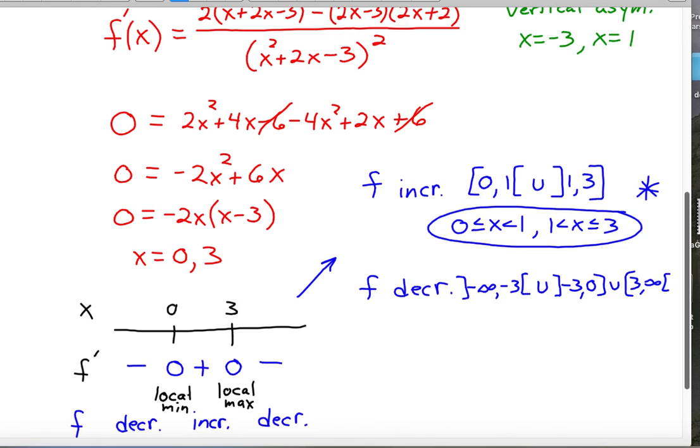Using inequalities, what would that say? Let's see, negative 3, so we would say x is less than negative 3. And then between negative 3 and 0, including the 0. And then from greater than or equal to 3.